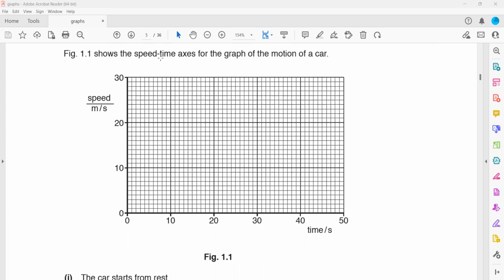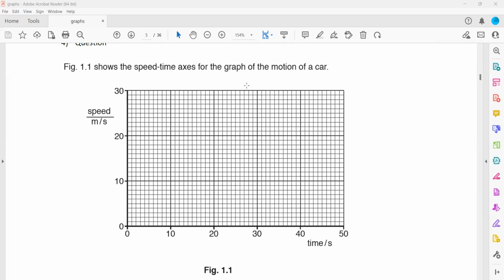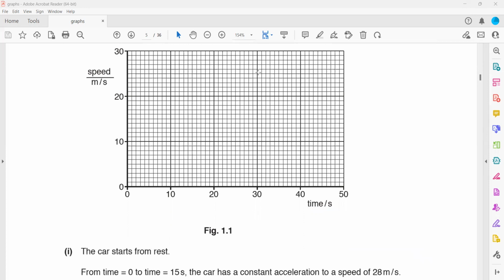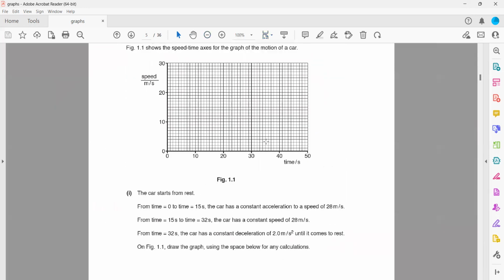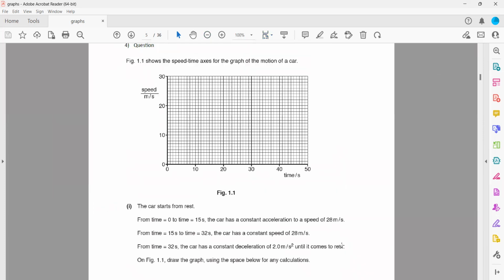In question 4, figure 1.1 shows a speed-time axis of a graph of the motion of a car. It's a 5 mark question and you have to complete the graph by using the information which is given here. The first, from time 0 seconds, from the beginning till 15 seconds, the car has a constant acceleration to a speed of 28.